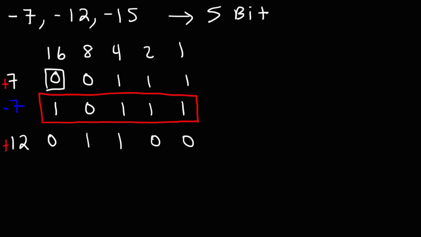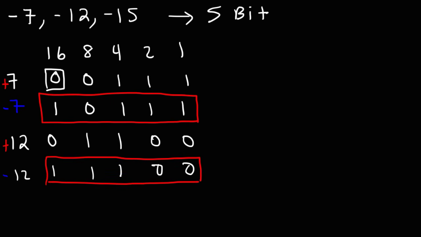So now, let's find -12. We're just going to replace this with a 1. So it's going to be 1, 0, 1, 1, 0, 0. We're just changing that number into a 1. And so that's how we could represent -12 using sign magnitude. For the last one, -15, let's start with +15.